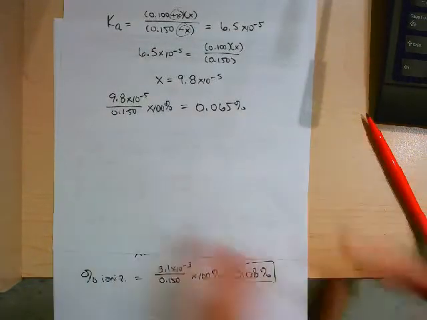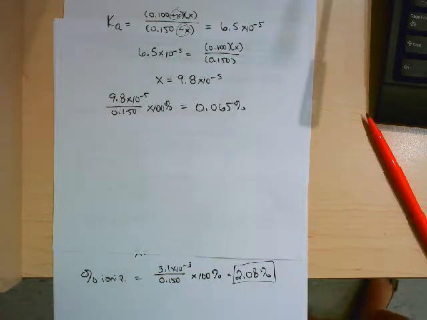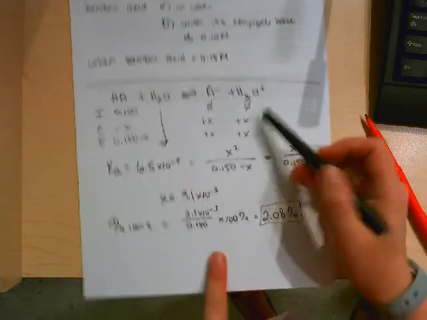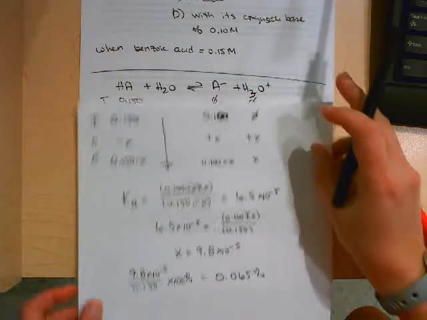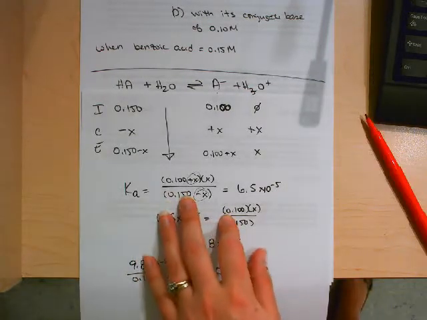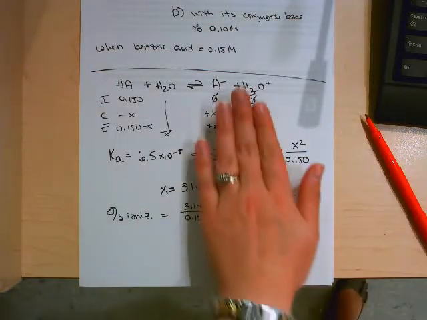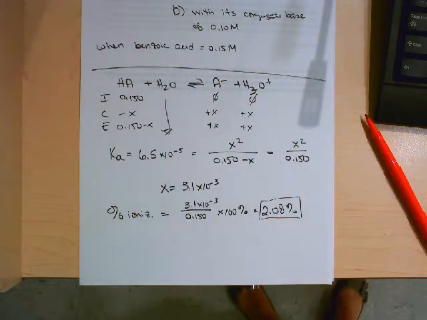In my original case, it was 1.2. Why? It's a buffer. What does Le Chatelier's tell us in this case versus this case? In this case, I have no product. So what has to happen to my reactant? It has to shift which direction?